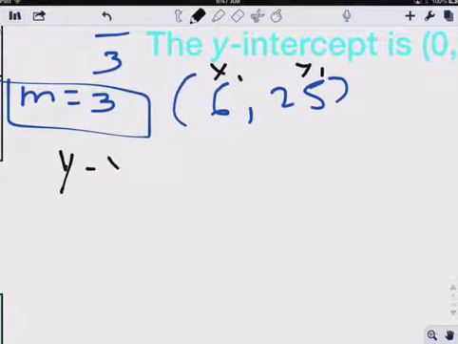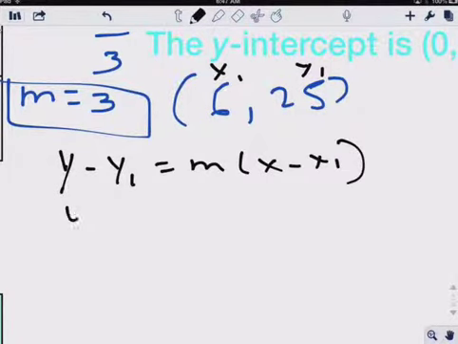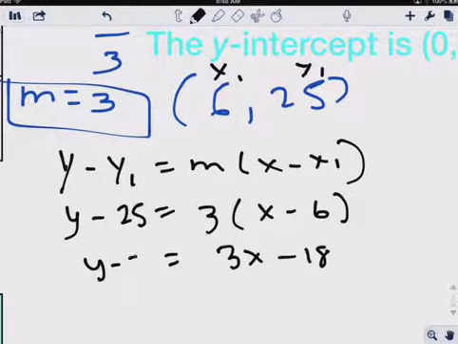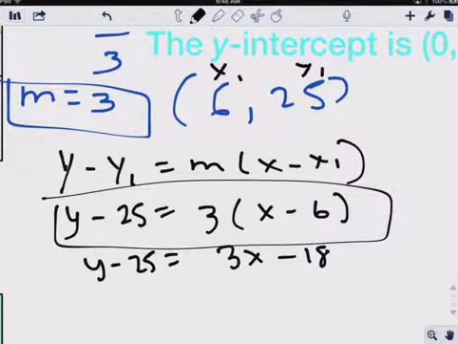Y minus y1 equals m parentheses x minus x1, point slope. Y minus 25 equals 3 parentheses x minus 6. Okay, that's 3x minus 18 equals y minus 25. Point slope right here.